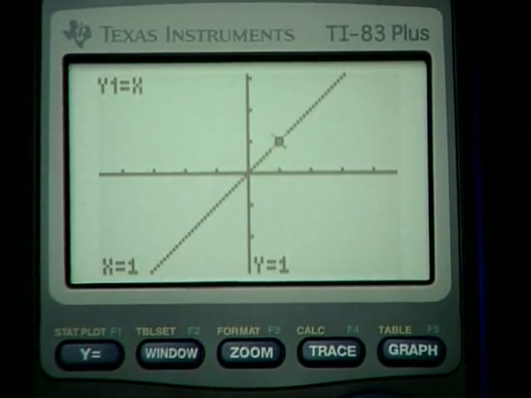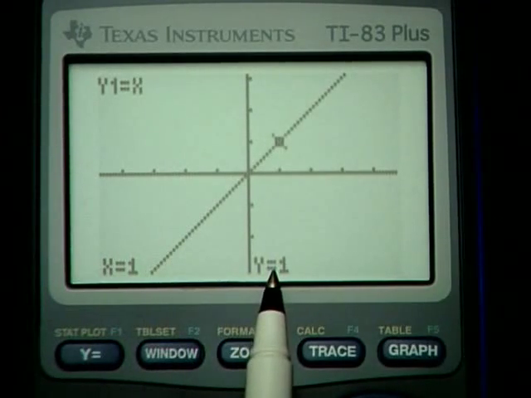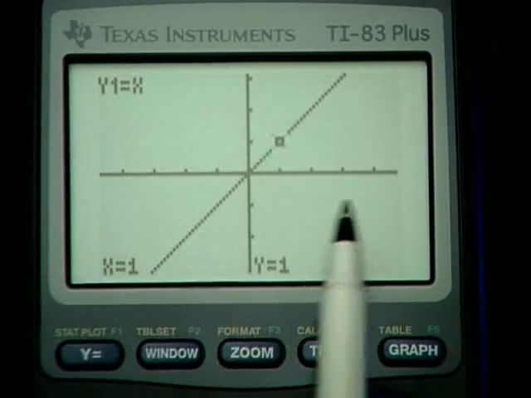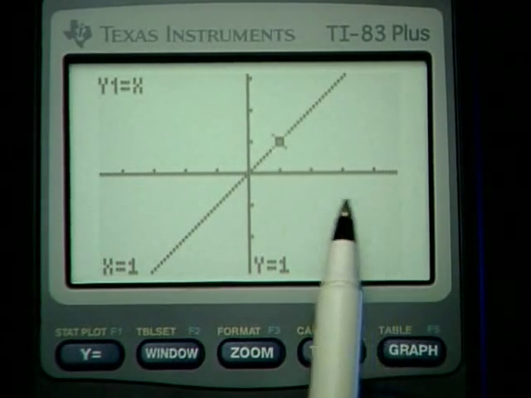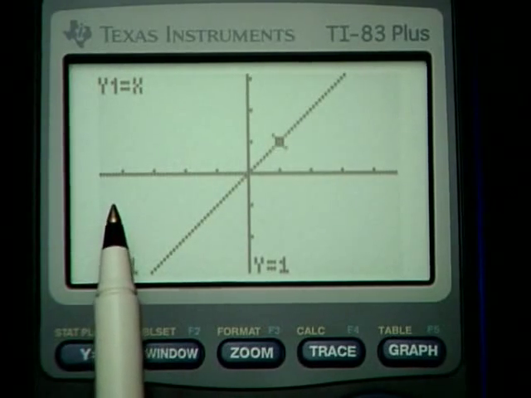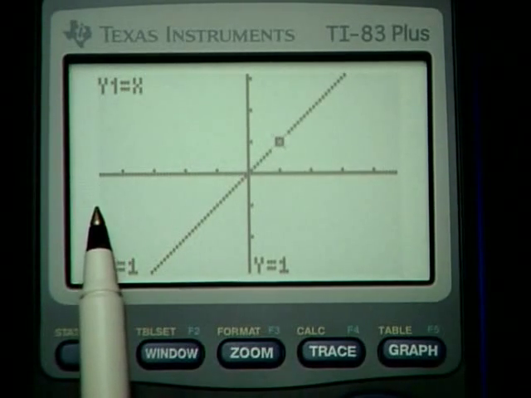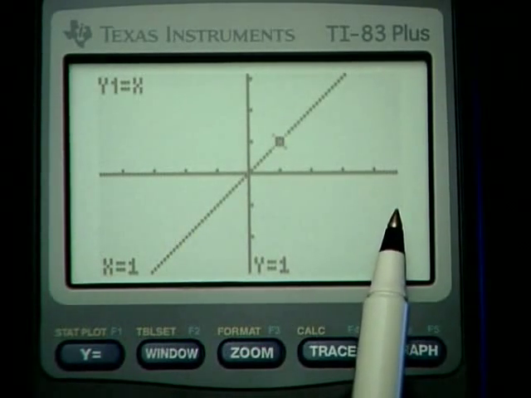Now, the settings that give friendly values like this are related to the number of pixels left and right on the screen. There are 95 of them, and therefore there are 94 steps required to step on all of them. If you're on the first one over here, then you would have to step 1, 2, 3, 4, 5, and so on all the way to 94 in order to step on the 95th pixel.